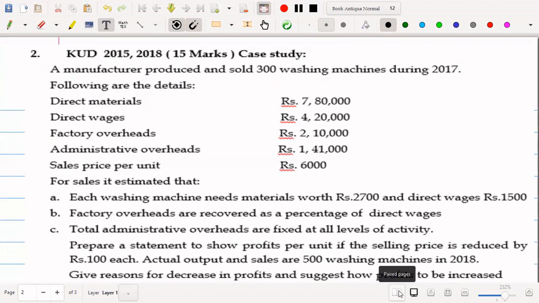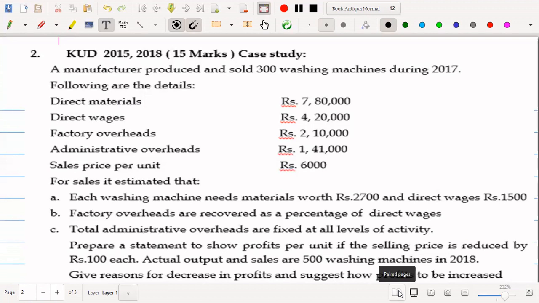For sales, it is estimated that, first point, each washing machine needs material worth rupees 2,700 and direct wages rupees 1,500. Factory overheads are recovered as a percentage of direct wages. Total administration overheads are fixed at all levels of activity.